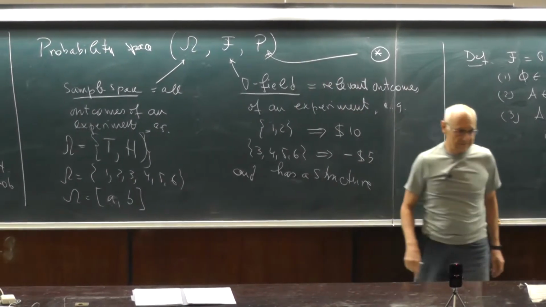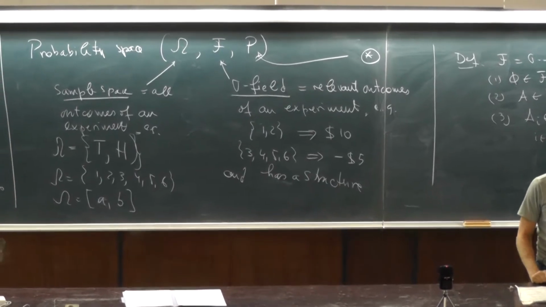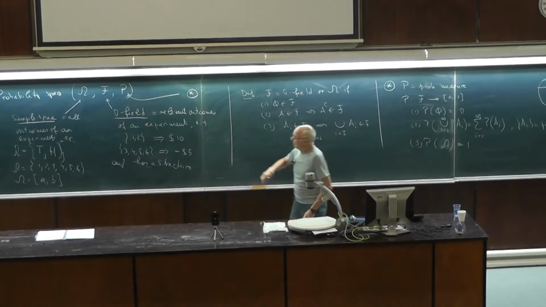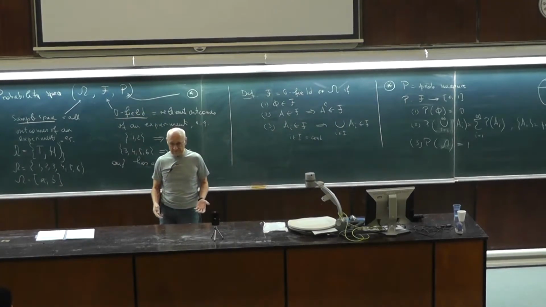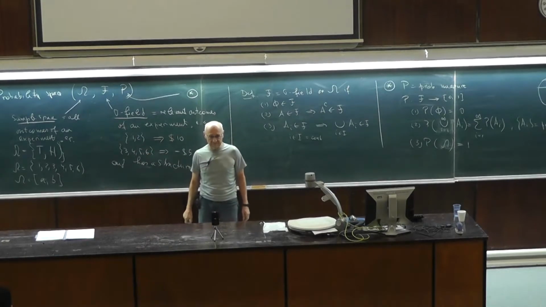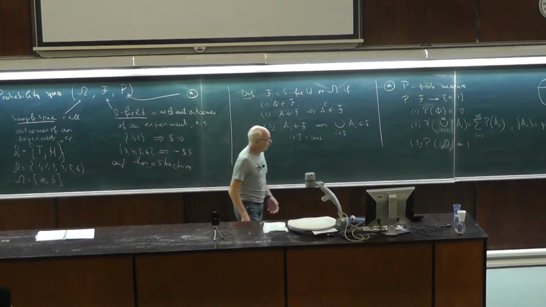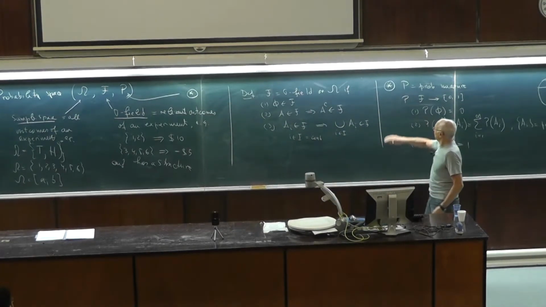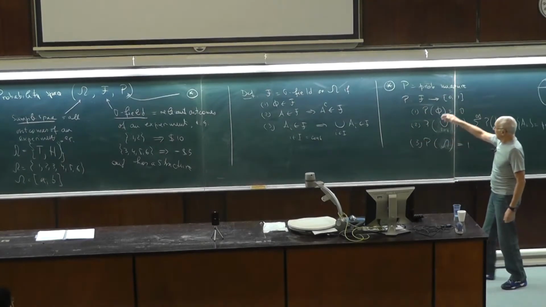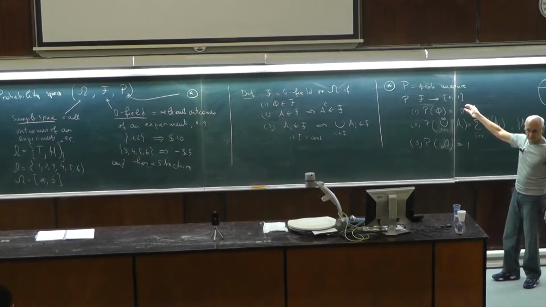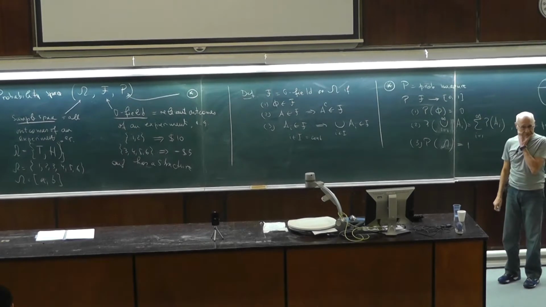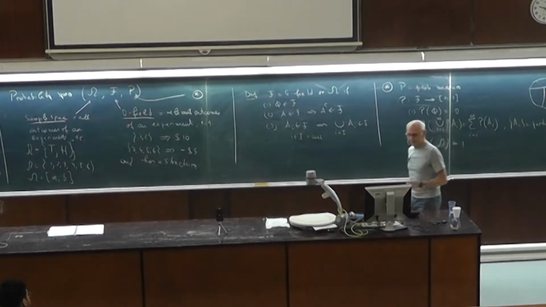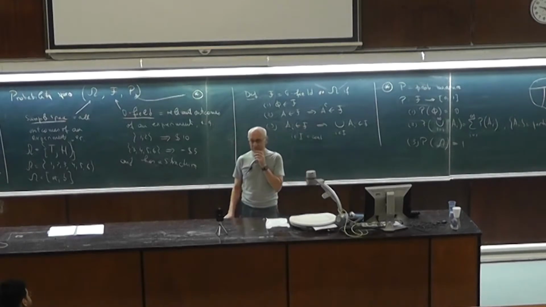The sigma field is a collection of relevant events with some structure, which is defined here. Any member of F is called an event. This is an event, this is an event. And then we have this measure which tells us how likely something is to happen, which is called the probability measure. It's a function on the sigma field with values in 0, 1, which has some properties. The first one is a technical property, the other two are rather intuitive.